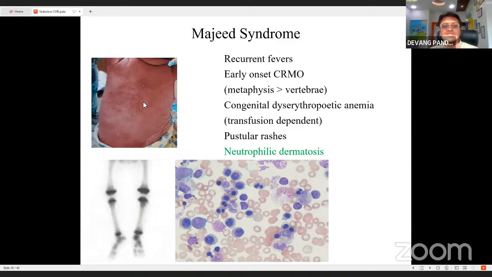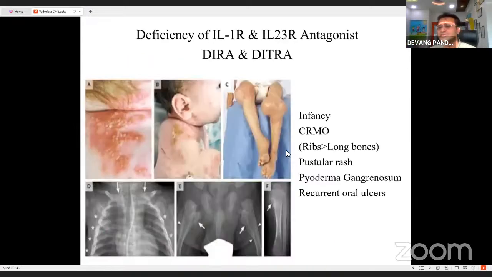And this child will have a generalized pustular rash as well. Another set of rare disorders is deficiency of IL-1 receptor antagonist and IL-36, which presents with the same symptoms like pustular rashes, this kind of bony swelling, and sometimes recurrent oral ulcers, and pyoderma gangrenosum as well.